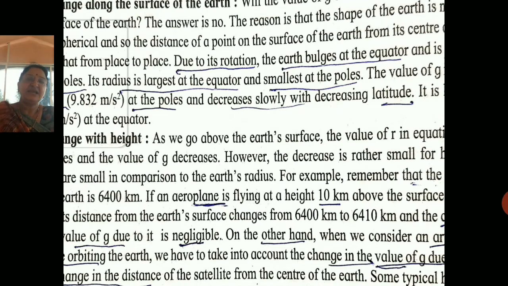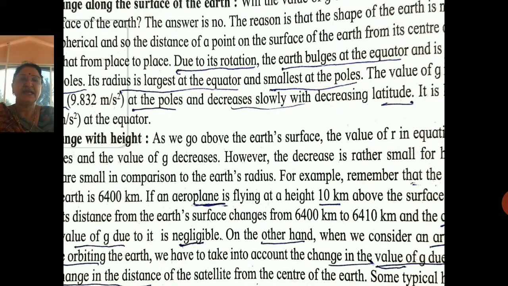Now second, variation in the value of g with height. As we move from the surface of earth in upward direction, the radius, that is the distance of the object from the center of earth, increases.